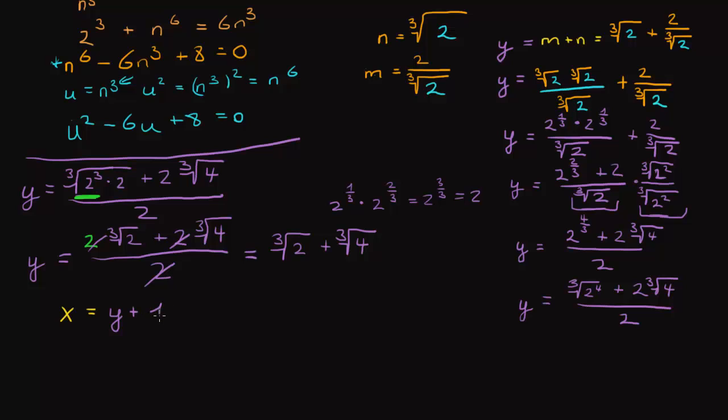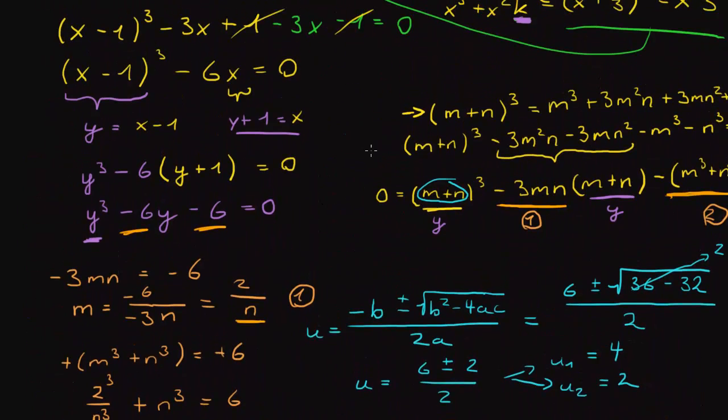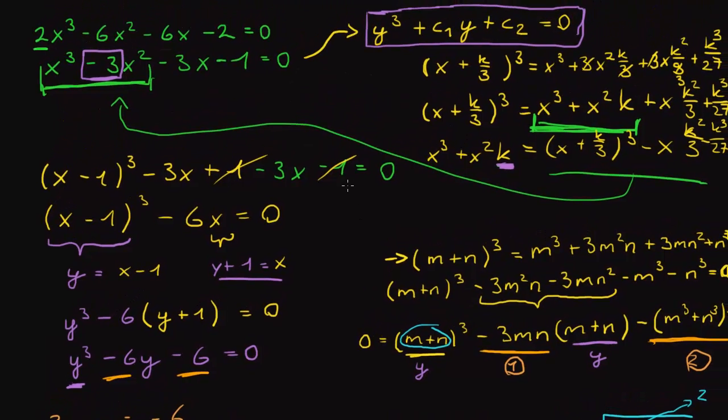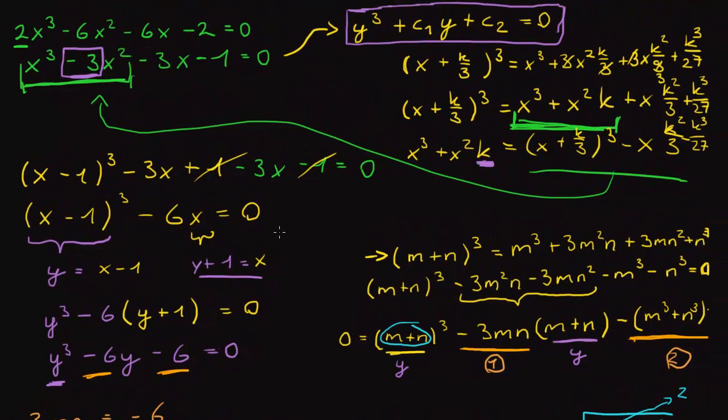So x is equal to y plus 1, which is equal to the third square root of 2 plus the third square root of 4 plus 1, and that is the first solution of our cubic equation that we formulated all the way up here.